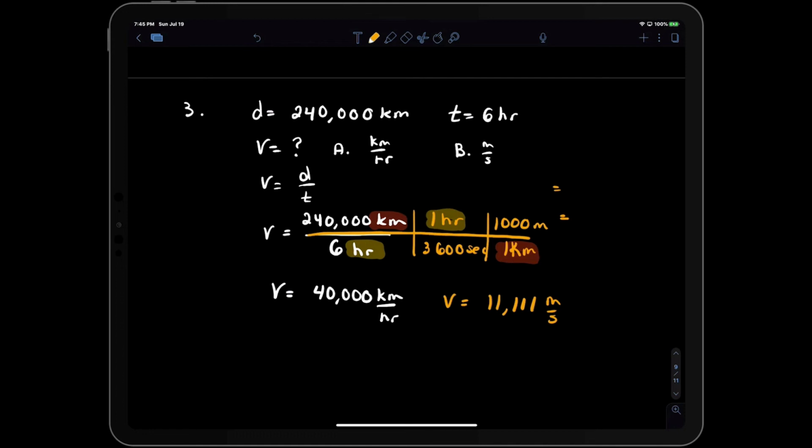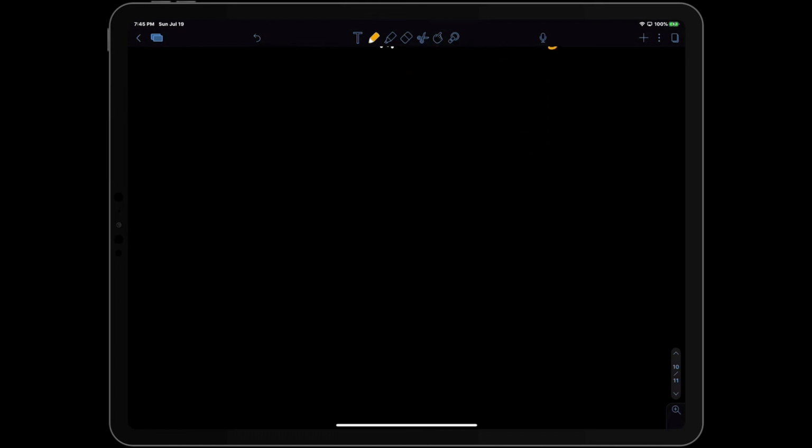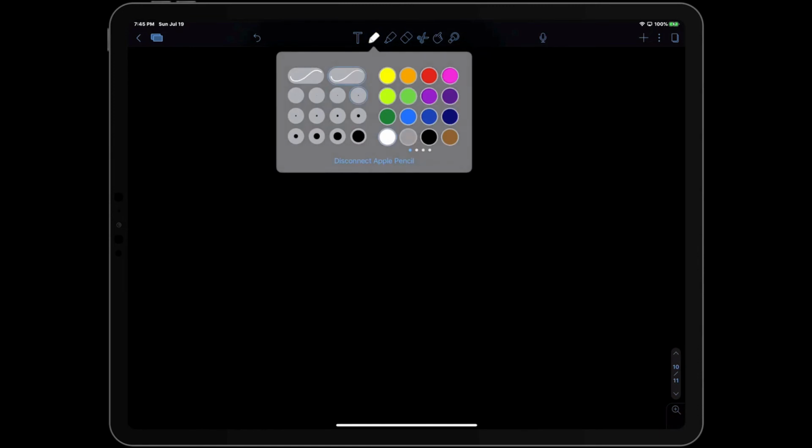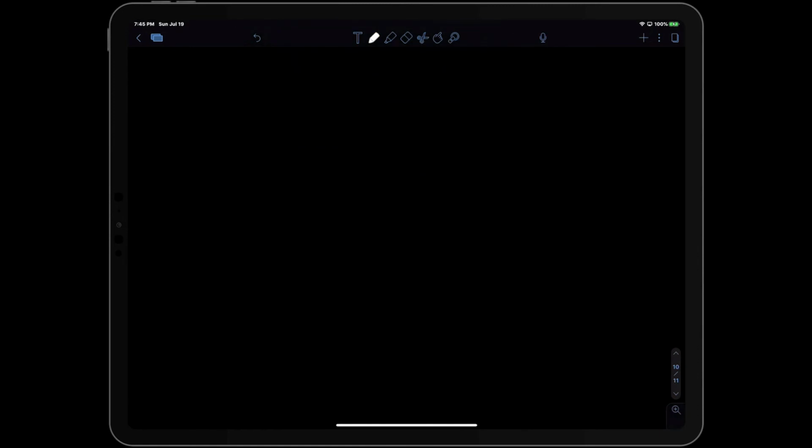We have question 4 now. Question 4 says that you have an electron in a vacuum with a length of 2 meters. In that length it's going to travel 2 meters. So our distance equals 2 meters.